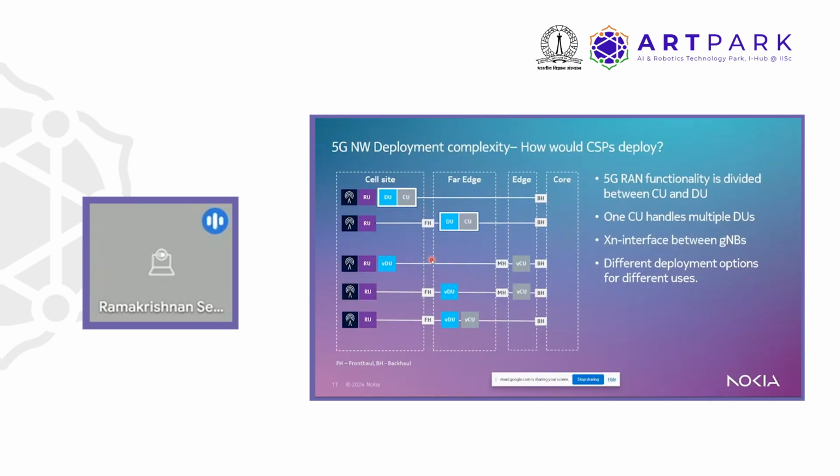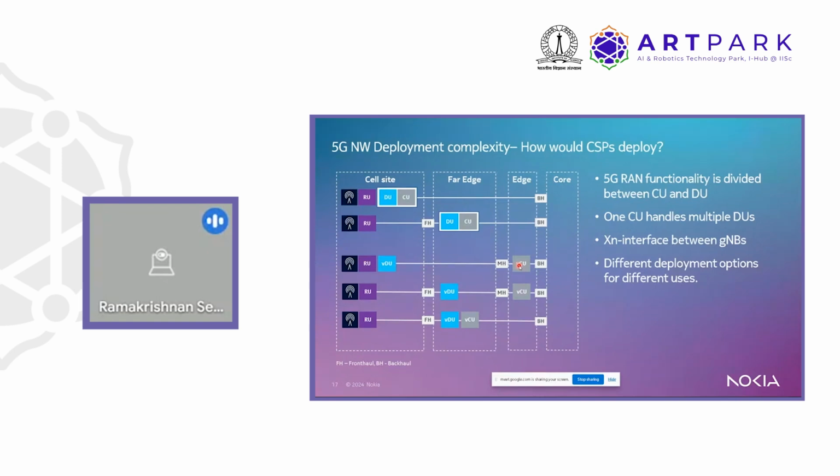Now you could also have virtualization of this, wherein each of these units are now prefixed with V, which is virtualized. So the virtualization, which basically means it's a cloud component, could now be distributed on the RAN based on the requirement that I have. So I could have the VDU, or the virtualized DU, quite close to the cell site, and I could have virtualized CU much closer to the core.